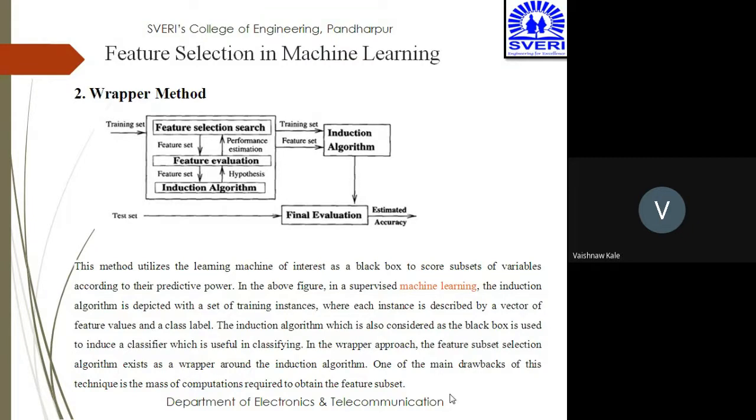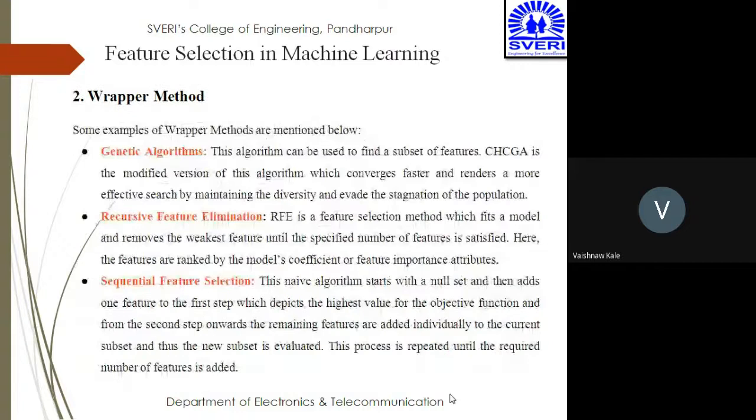At that time you can estimate whether your subset of selected features is working or not. So this will take a lot of time, and then you're going to apply the induction algorithm. So the first part is going to take a little more computation time in order to obtain the feature subset. That is the drawback of the wrapper method.